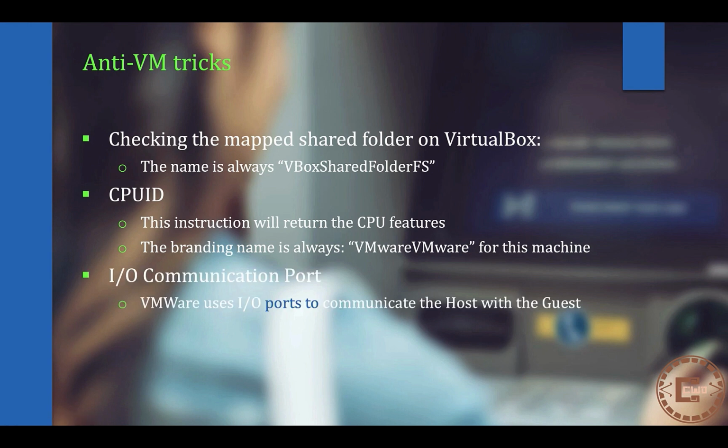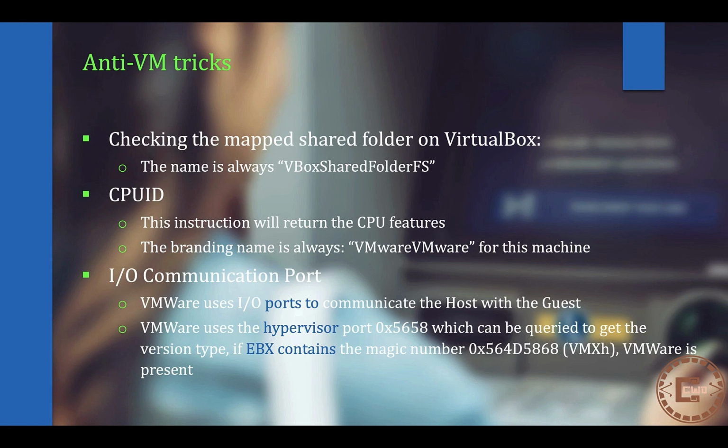I/O communication ports also. VMware uses I/O ports to communicate between the host and the guest. The host is the physical machine, the guest is the machine inside the host, which is running the virtualized operating system, and they realized that these ports have distinct values. So VMware uses the hypervisor port 5658 hexadecimal, which can be queried to get the version type.